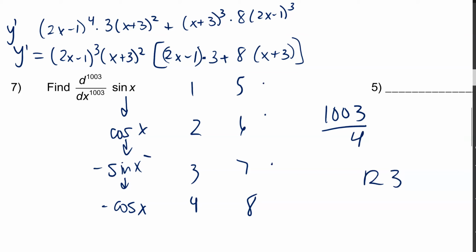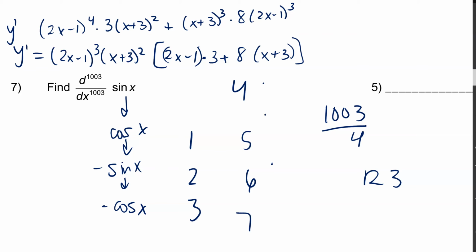So 1, 2, 3. Sorry, wait, it should be negative cosine. First derivative, second derivative, third, fourth, fifth, sixth, 7. So it should be this one, remainder of 3.